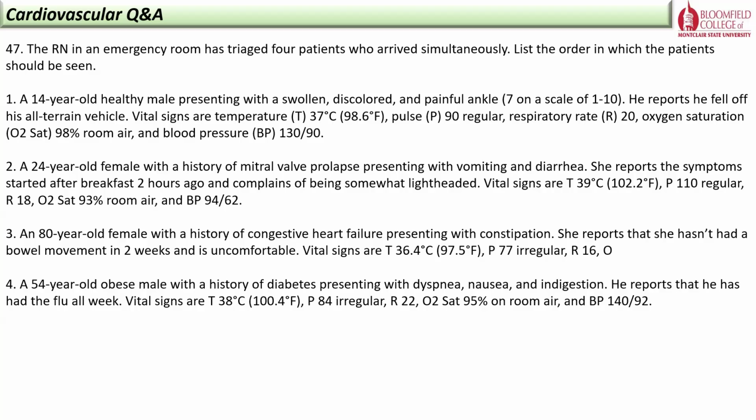This is the list of the order in terms of the hierarchy, or the order in terms of the patients who will be seen first, second, third, and fourth. Look at patient number 4: he has symptoms of an ischemic pain pattern and has at least 2 risk factors for acute MI: diabetes and obesity.